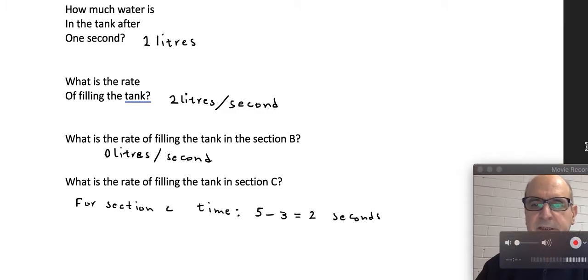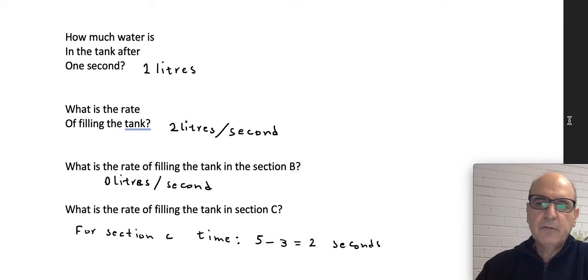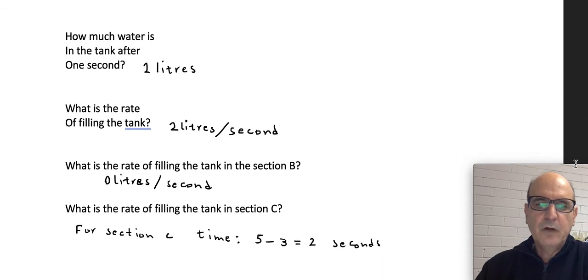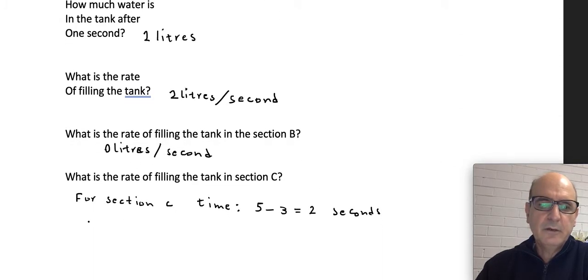Now let's see how much the amount of water has changed for this section. The amount of water starts at 2 liters and ends at 5 liters. So it's gone from 2 liters to 5 liters.